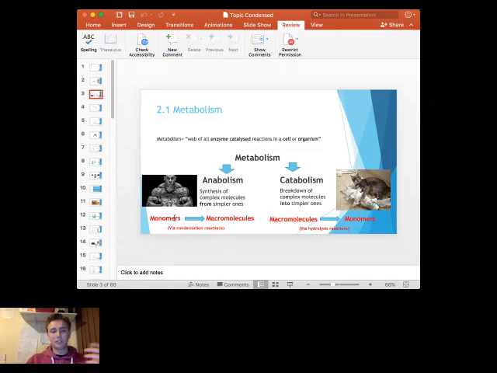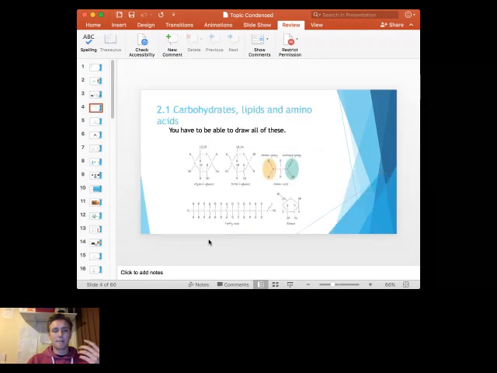Anabolic reactions involve moving from monomers to macromolecules via condensation reactions specifically, whereas catabolism is about turning macromolecules into monomers by hydrolysis reactions. Condensation and hydrolysis are the opposites of each other, which is why this makes sense. So, yeah, that's basically the key parts of metabolism.